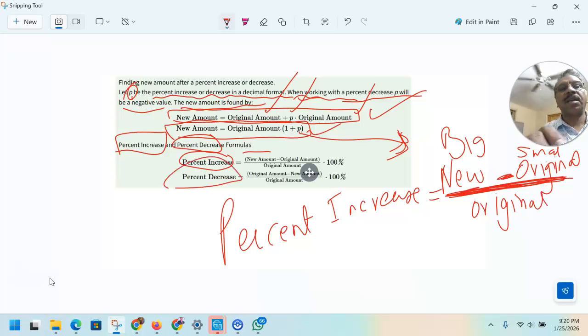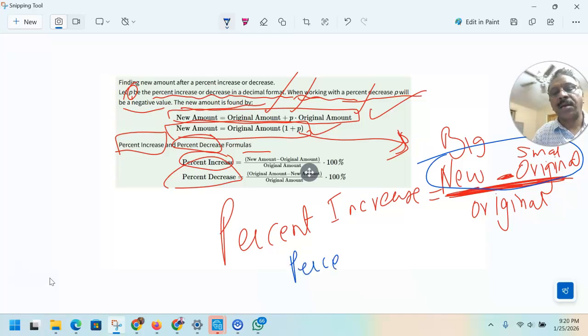And if it is percent decrease, then instead of new minus original, say you buy a car and in 1 year it decreases by some percentage.